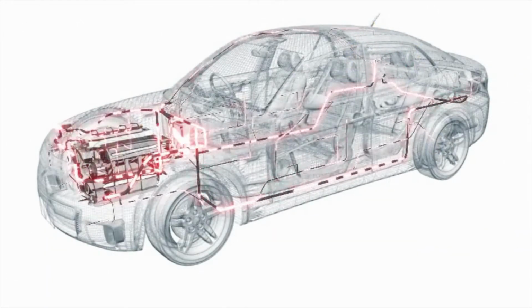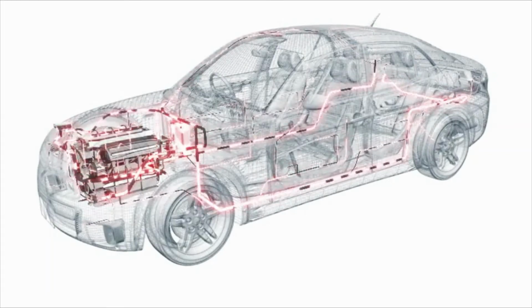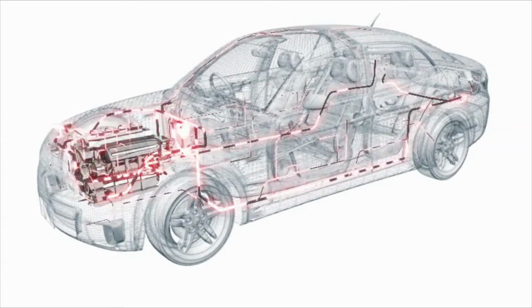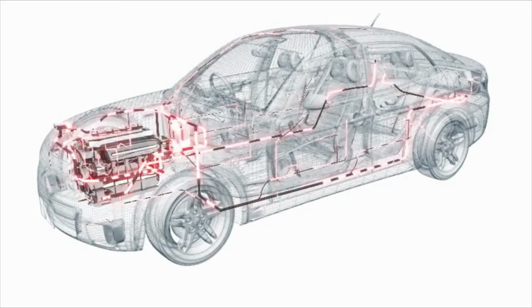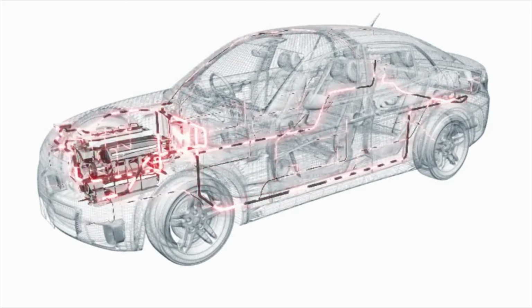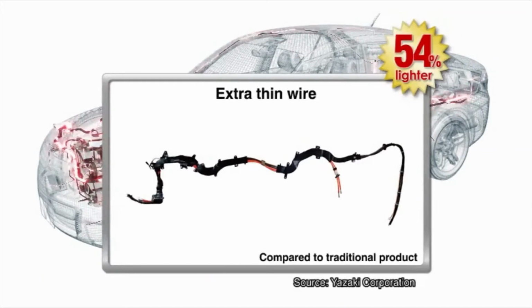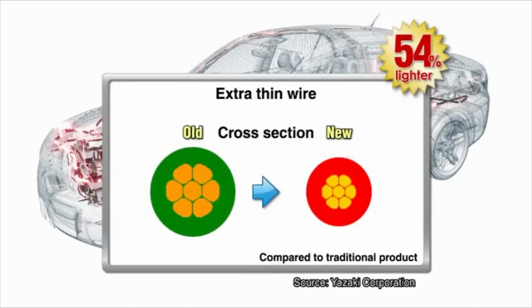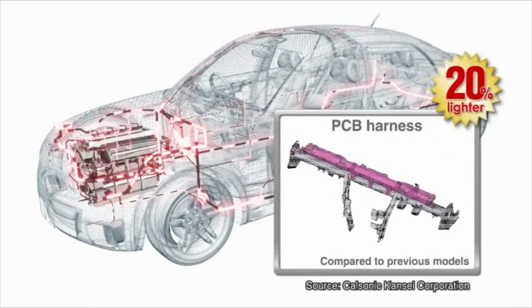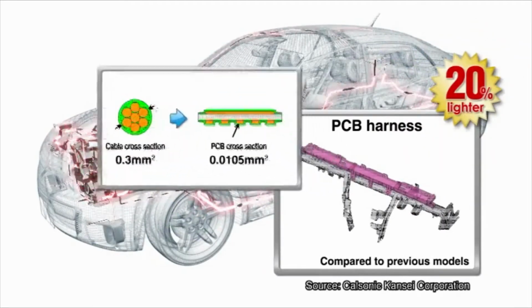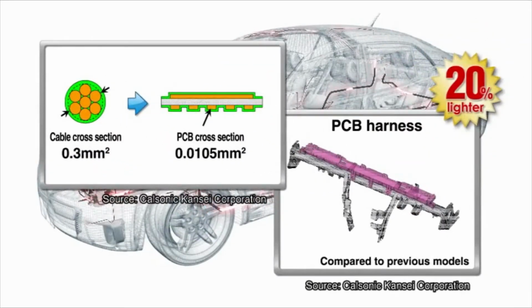With increasing number of electric amenities such as climate control and navigation systems, it's necessary to reduce the weight of wiring harnesses that connect these components. Wiring harnesses are made lighter by using finer cables. In addition, printed circuit boards integrate multiple components into a single, tighter unit.